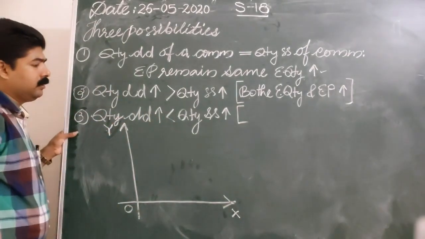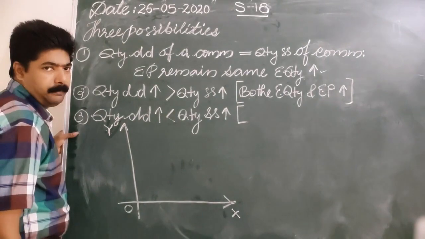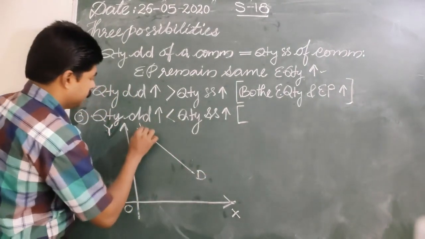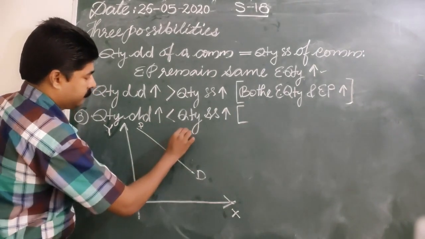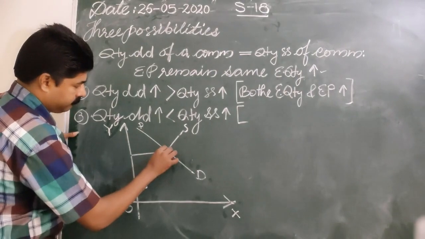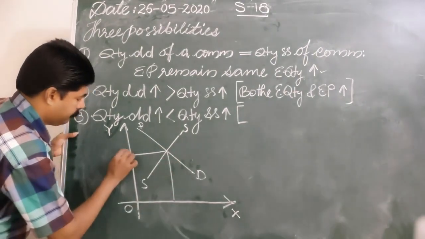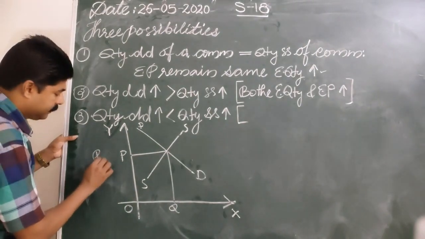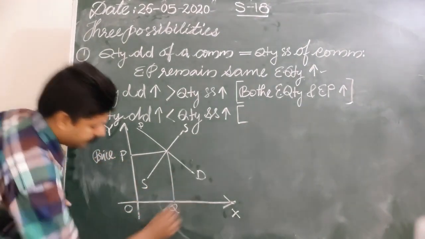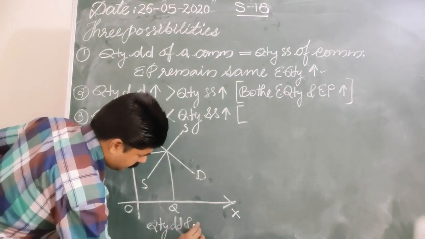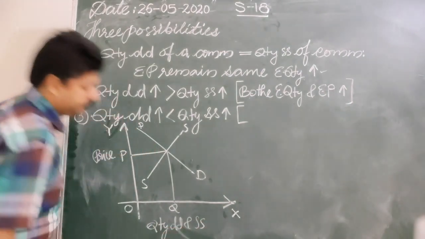As I have told you, we should draw the initial step: equilibrium price, demand curve, supply curve, equilibrium point, price and quantity. P as well as quantity. OY is price, OX axis is quantity demanded and quantity supplied.